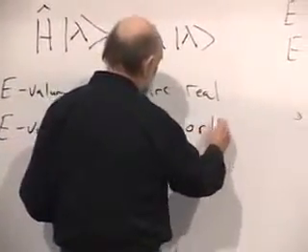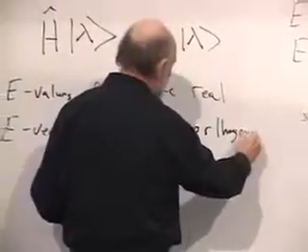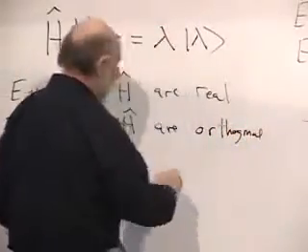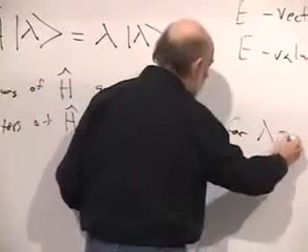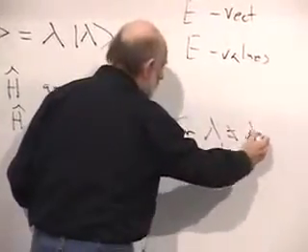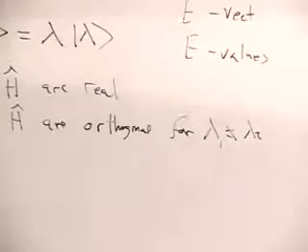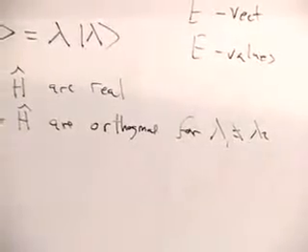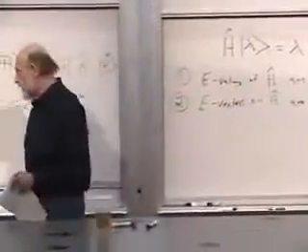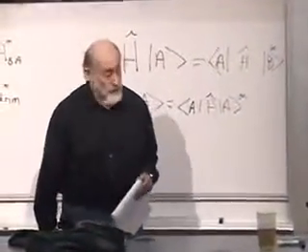Orthogonal. For lambda 1 not equal to lambda 2. In other words, for 2 different eigenvalues, the eigenvectors are orthogonal. This is not true of general operators. It's true of the Hermitian operators.